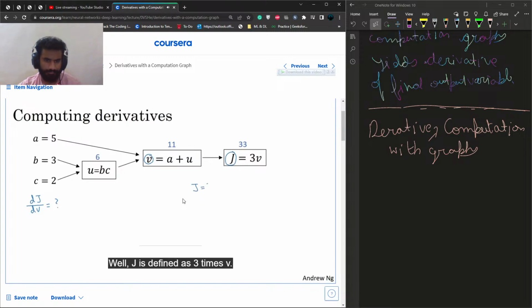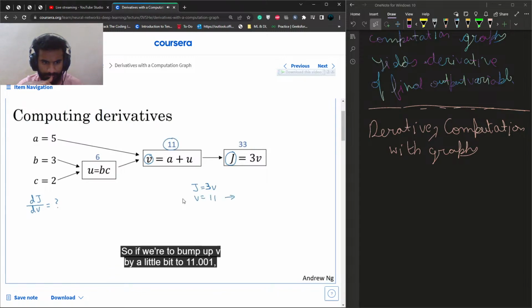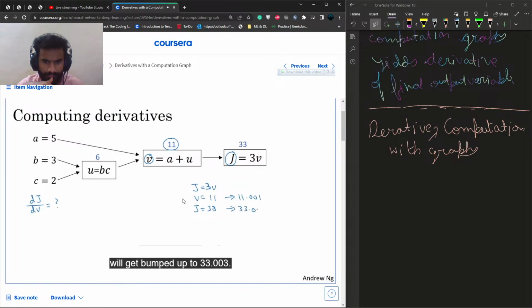Well, j is defined as 3 times v, and right now v is equal to 11. So if we were to bump up v by a little bit to 11.001, then j, which is 3v, currently 33, will get bumped up to 33.003. So here we've increased v by 0.001, and the net result is that j goes up 3 times as much.